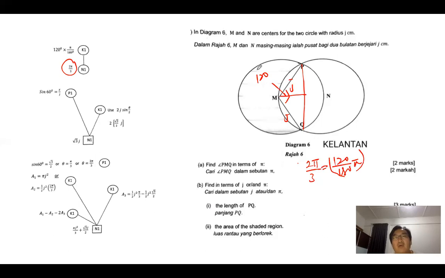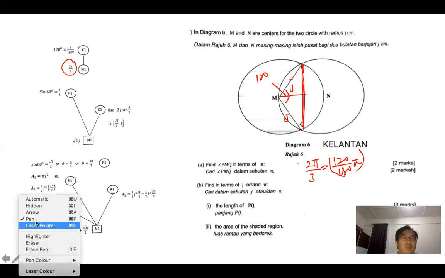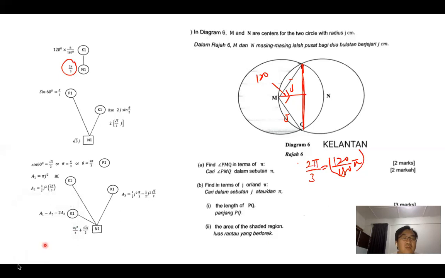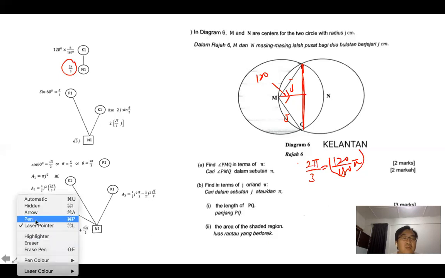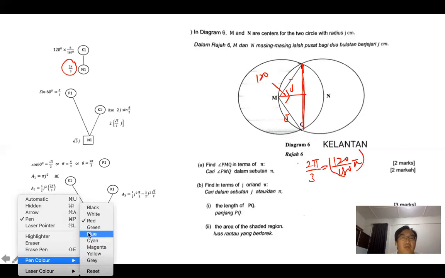Okay, length of PQ. So PQ, the length of PQ will be this one, the chord. Okay, the chord. Then we use this formula, the cosine formula, right? So let me change into blue color.